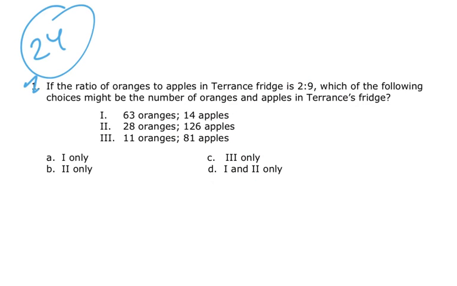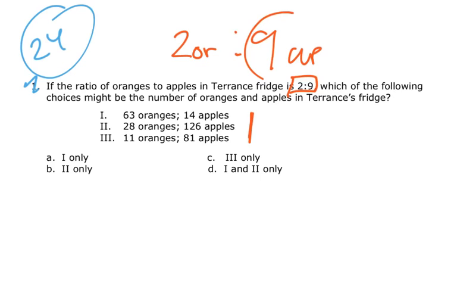If the ratio of oranges to apples in Terrence's fridge is 2 to 9, first of all, don't put oranges in your fridge. That's going to dry them out. But for whatever reason Terrence did, 2 to 9, which one might be an equivalent ratio? Let's notice something first of all. 2 oranges to 9 apples.